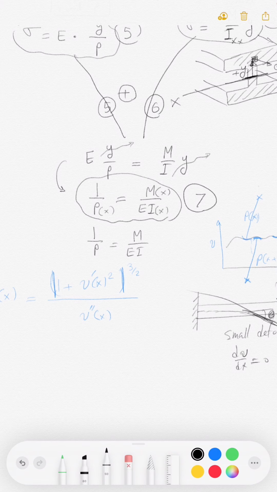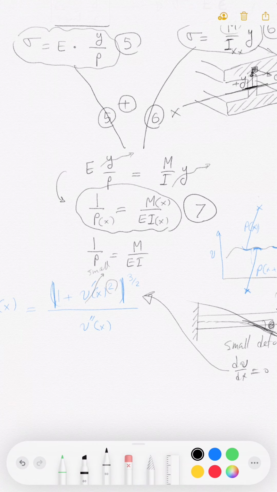So what I can do here, let's go back to this equation. I can approximate this equation with v prime being small, not exactly 0. Look, small. And when you have a value that is small and you raise it to power 2, what do you get? You get a very, very small value.